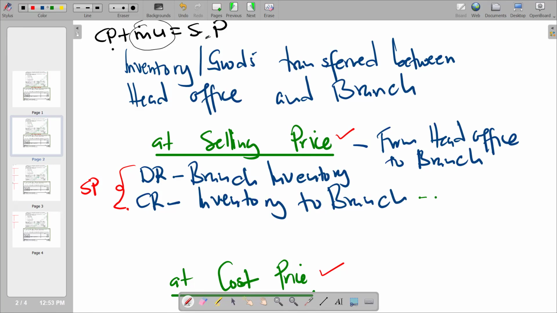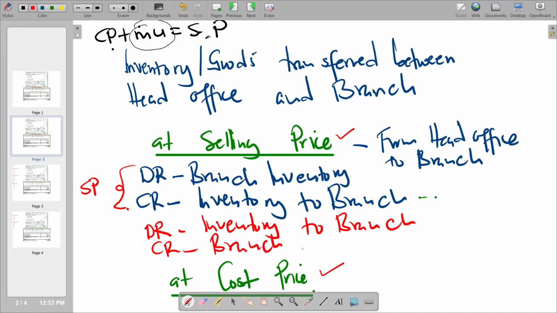So the double entry that is then involved on the second double entry is we are now debiting inventory to branch at markup price, and then we credit branch adjustment account.